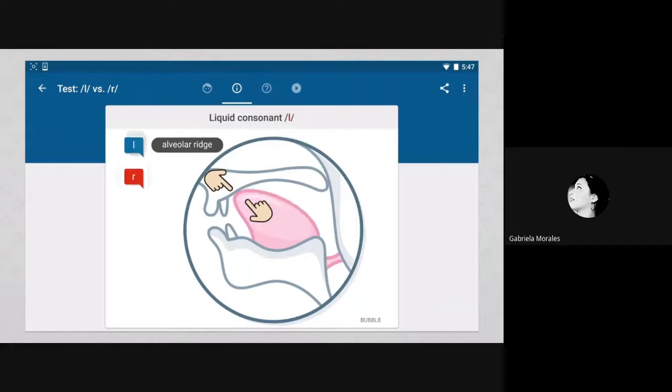For the l sound, the tip of the tongue touches the alveolar ridge behind your upper front teeth. Second, look at the blade of the tongue. For the r sound, the middle of the tongue is lowered and the back of the tongue is raised. For the l sound, the back of the tongue is lowered.